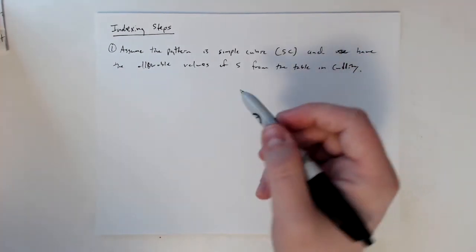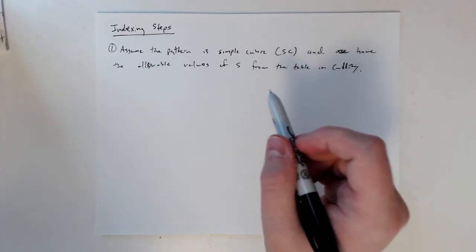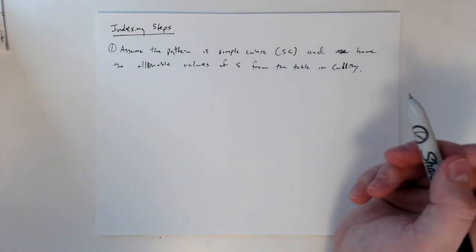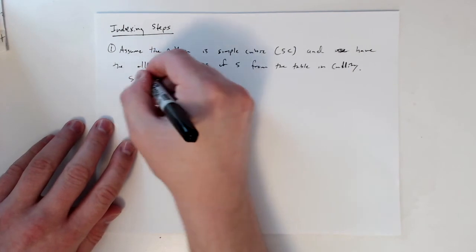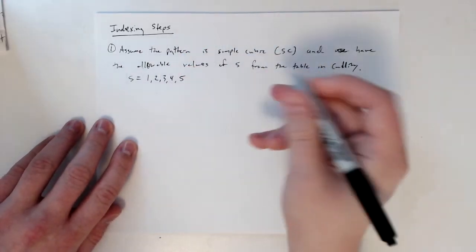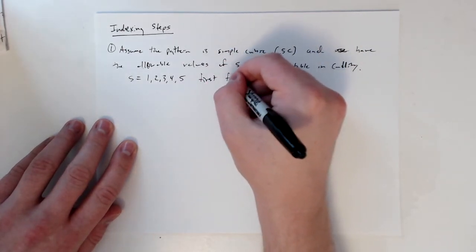So basically, if I say it's simple cubic, based on those reflection rules, certain diffraction peaks, certain HKL values will be allowed. And so for simple cubic, as an example, this is 1, 2, 3, 4, and 5. So that's for the first 5. So that tells us what the S values are.